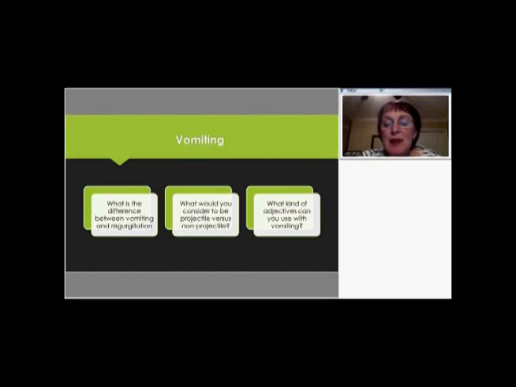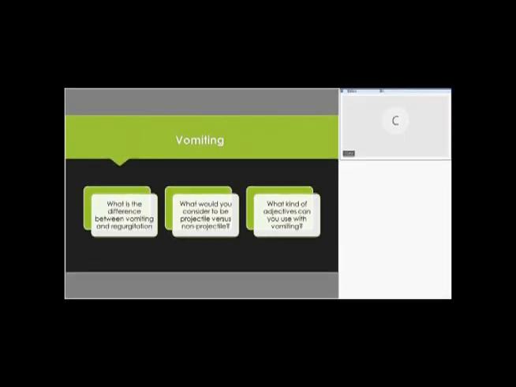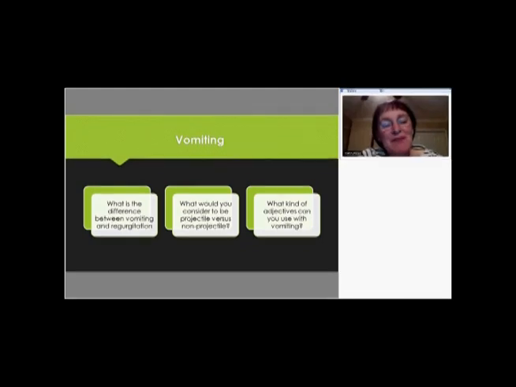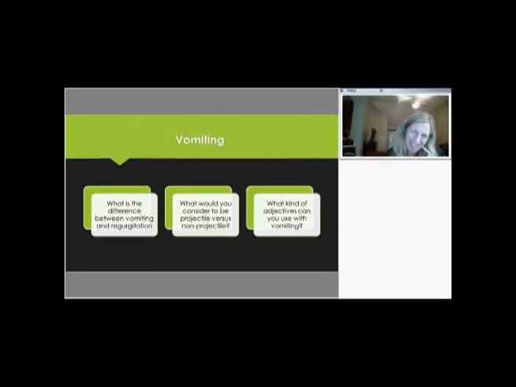When you vomit, what do you do? Does it roll out? No, it's forceful. Right, that's the difference. The velocity is a lot faster.